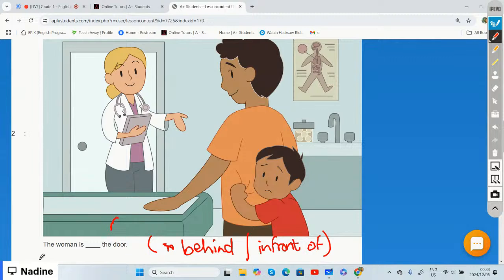Yeah, we have another one, Musa. The woman is. Do we say the woman is behind the door, or is she standing in front of the door?